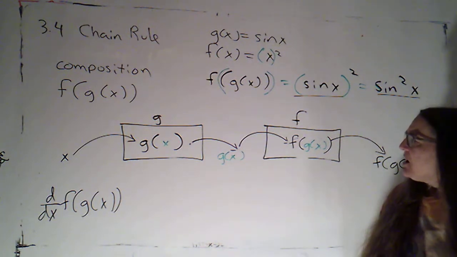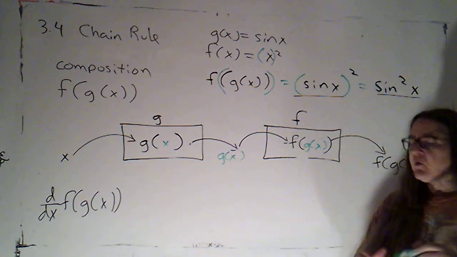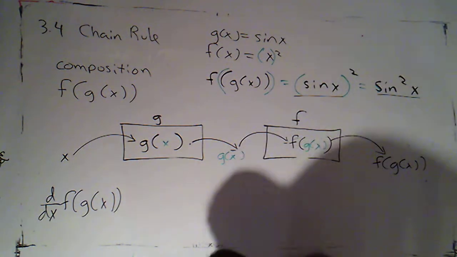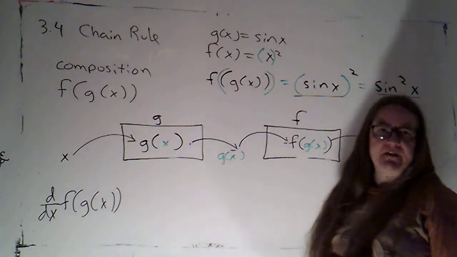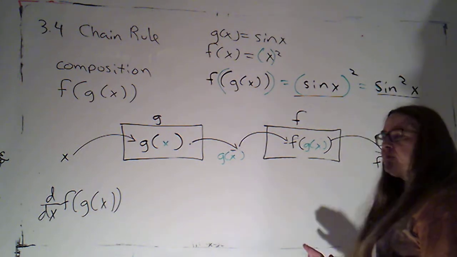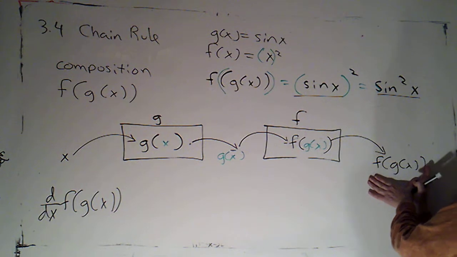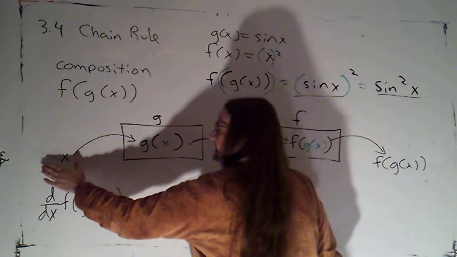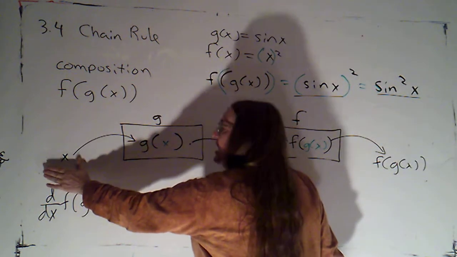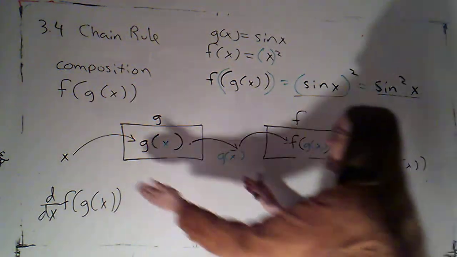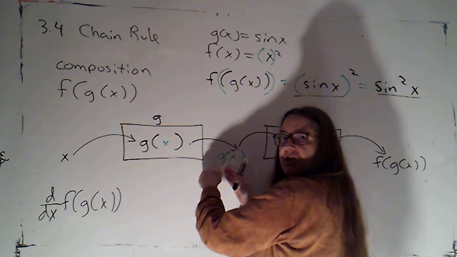Okay. Well, before I tell you what the formula is, I want to just think about some things that seem like they're relevant to this question. What I'm trying to get is the rate of change of this output with respect to this input. But creating this output was a two-step process. The first step I plugged into g.